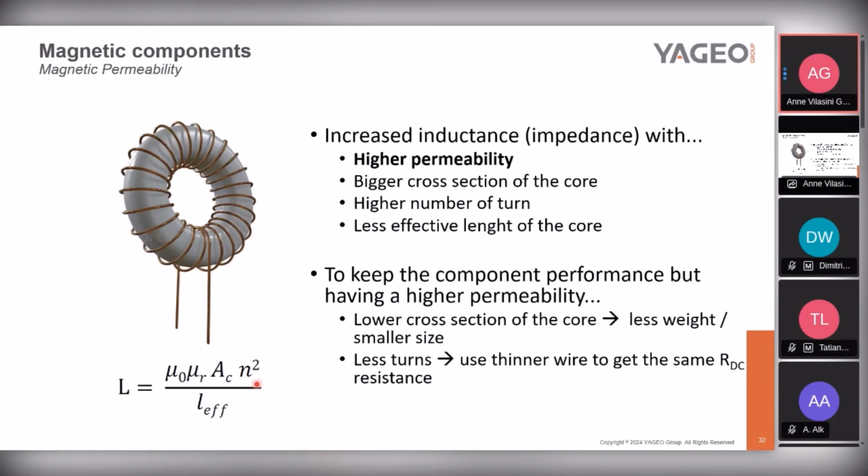There are different types of core materials, like nanocrystalline, manganese, nickel, zinc, and so on, and each of these materials has specific advantages over the frequency range. So when you increase the permeability, you can use that gain on reducing the area or the number of turns.